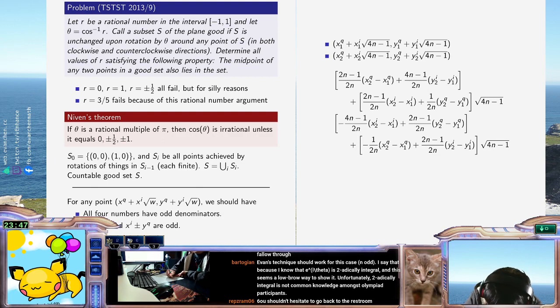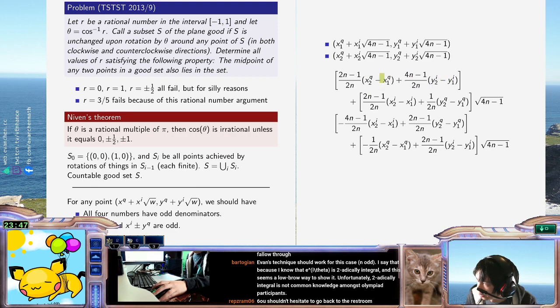So earlier we saw -1 and 0. These numerators we don't really care about for the time being. Our goal is to show that all the brackets are even and also that the sum of the stuff is even. So these parts don't matter, and we take the -1 over 2n, and that gives us x_2q plus y_2i.